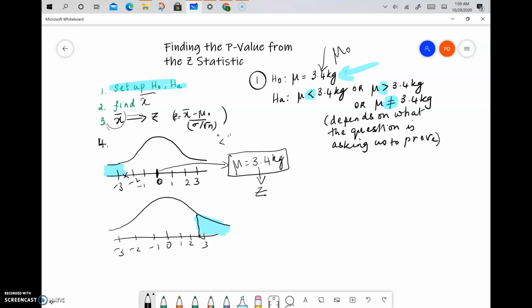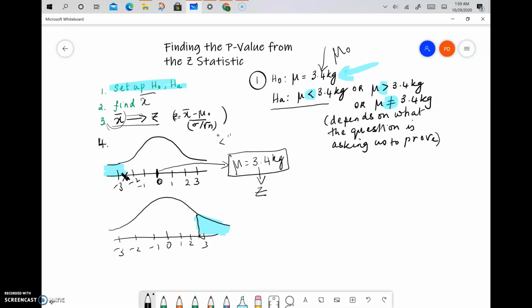Now, if we are successful in proving that mu is either less than or greater than or not equal to, let's just look at the first case. Mu is less than 3.4 kilograms. In the first case, we'll get a z-value for x bar.